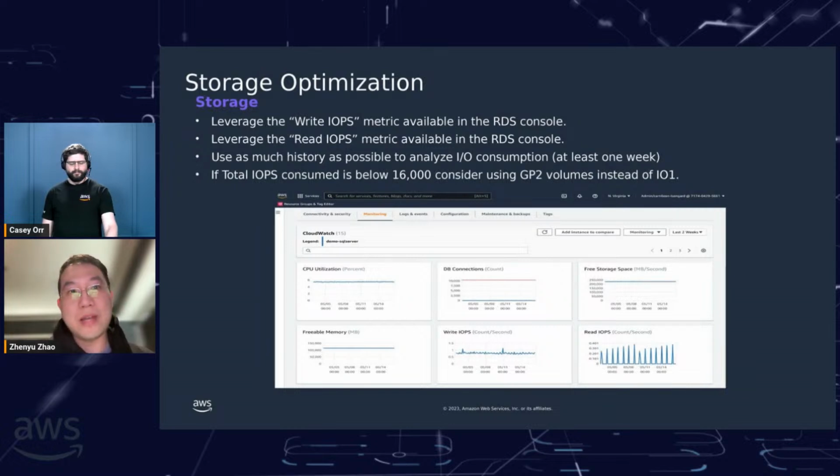For example, GP2 and GP3. This is a no-harm direct conversion or adoption of the latest. So always using the latest generation of AWS services will give you that cost benefit. So this is no harm. And also there are a lot of good features that GP3 can provide.